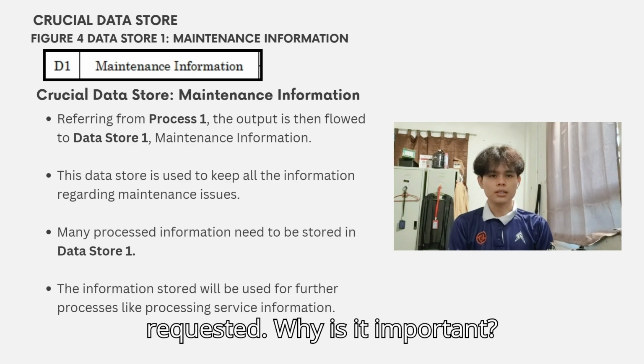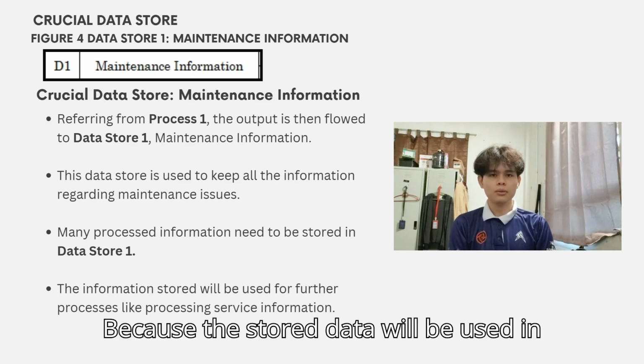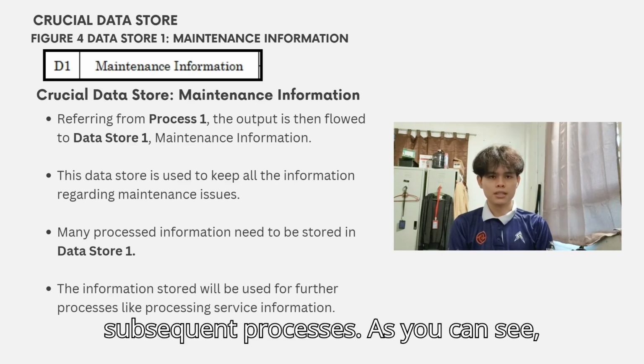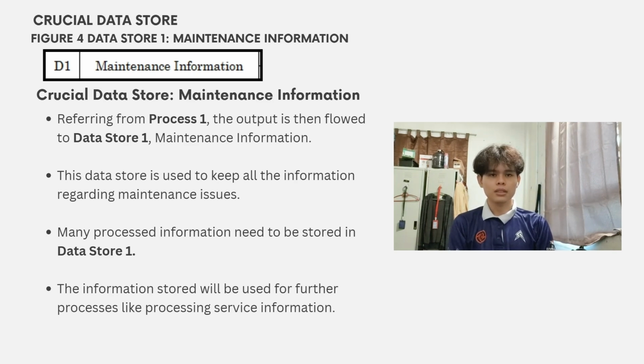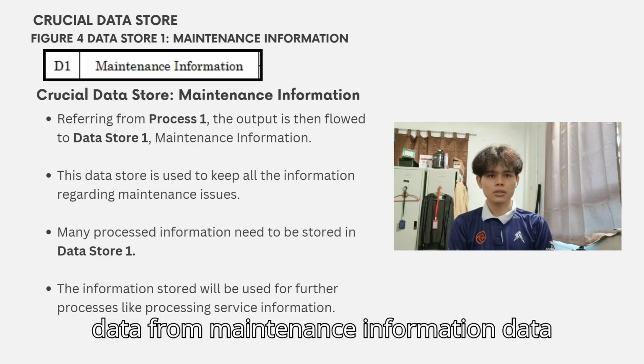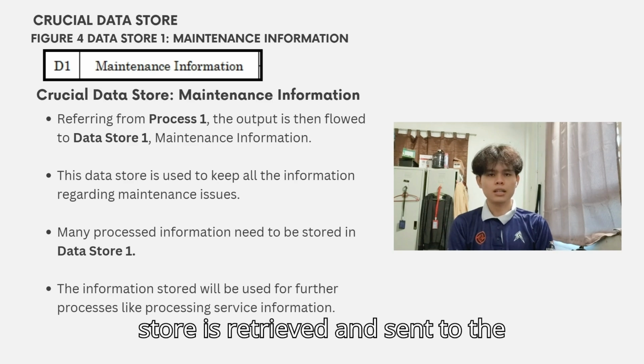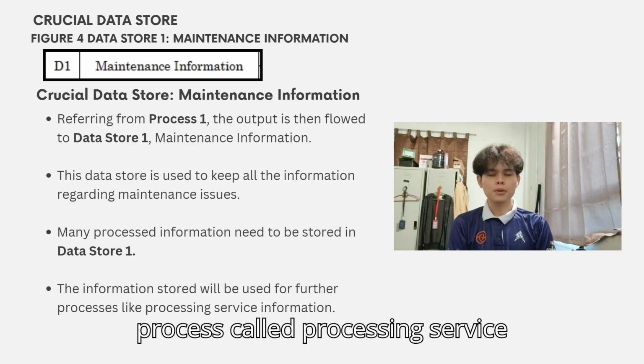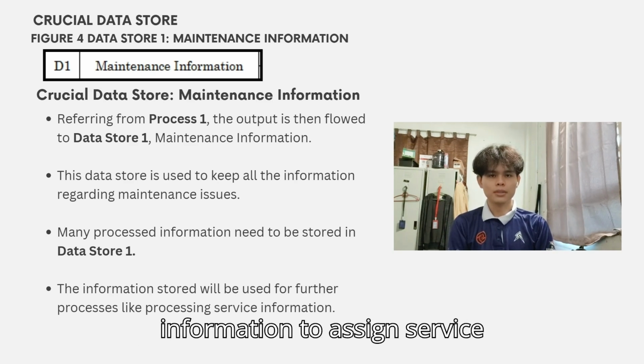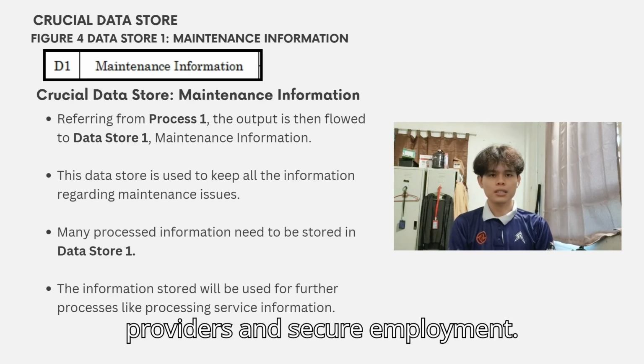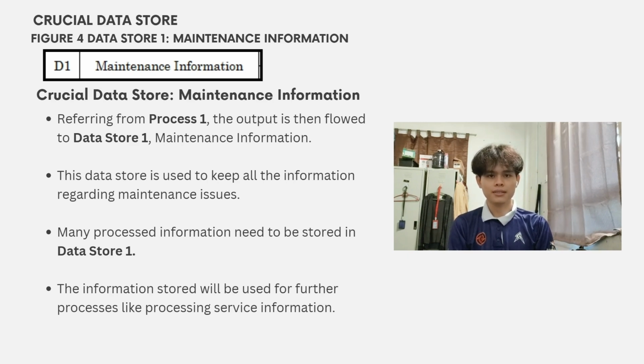Why is it important? Because the stored data will be used in subsequent processes. As you can see, data from the maintenance information data store is retrieved and sent to the process called processing service information, to assign service providers and schedule appointments.